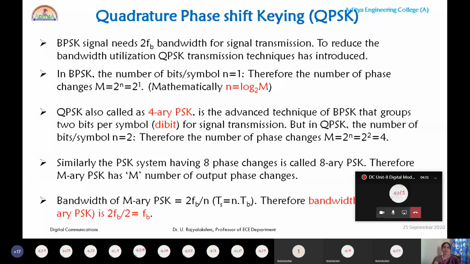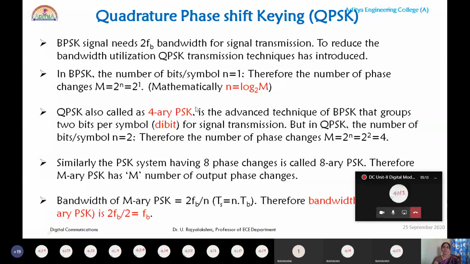That is why it is called 4-ary PSK, because here we have 4 possible combinations of phase changes. Here dibit means di-bits, so 2 bits are simultaneously transmitted. In QPSK, 2 bits are grouped per symbol and transmitted, so we have 4 possible combinations of phase changes.